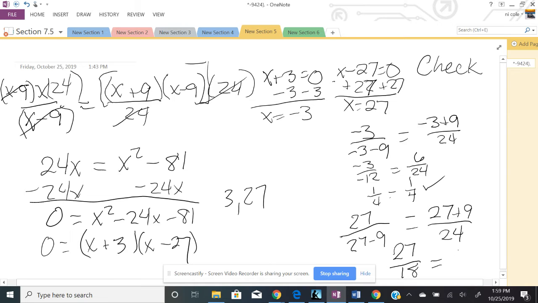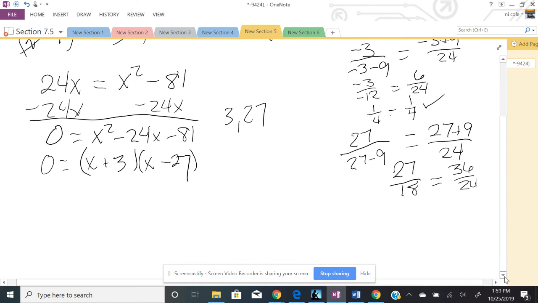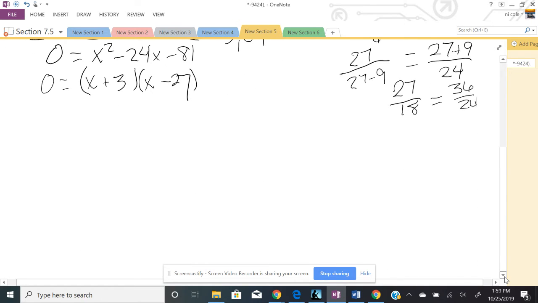Is that equal to 36 over 24? All right, 27 and 18 have 9 in common. So 9 goes into 27 3 times, and 9 goes into 18 2 times. 36 and 24 have 6 in common.